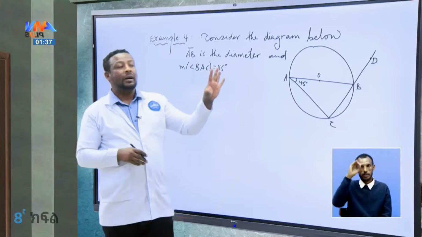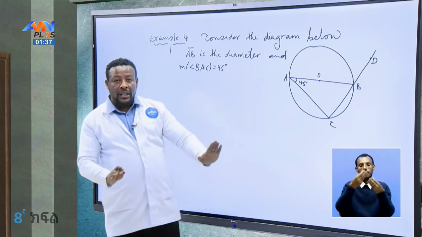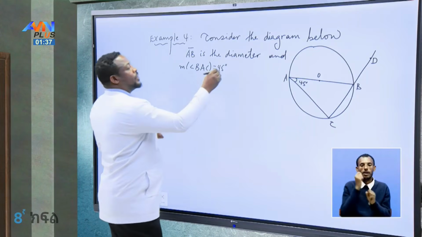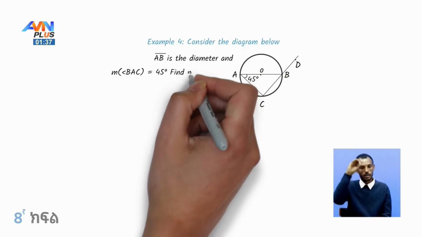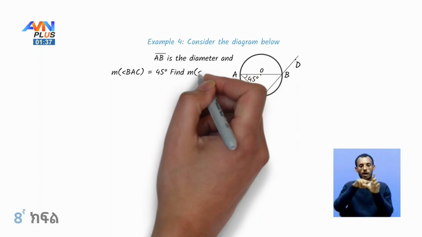These two things are given. So based on this, find the degree measure of angle ABD.